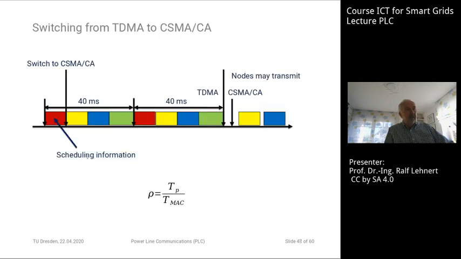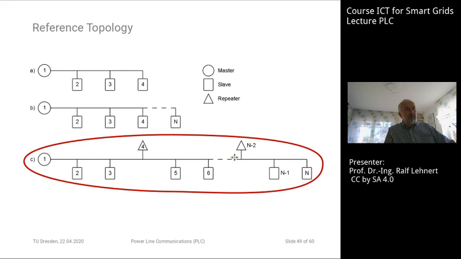And the switching back to CSMA is done also in a certain principle. You find out that the load is below the threshold, including hysteresis, and then in the next full frame you can go back to CSMA, where you have the first portion to decide who is allowed to transmit. And he did this also for a large network, and large means n-2 repeaters.